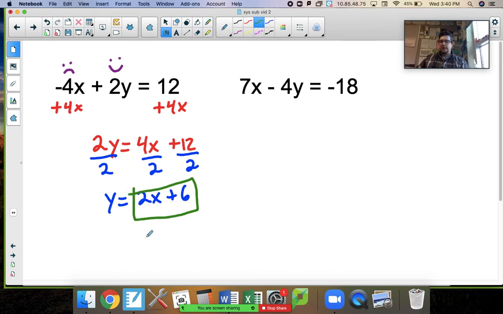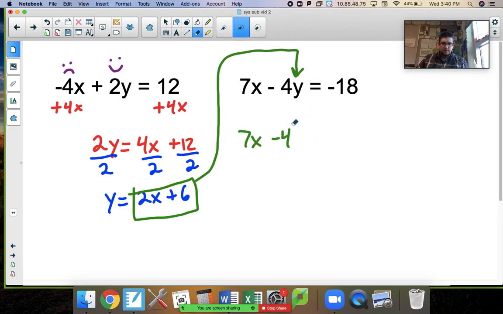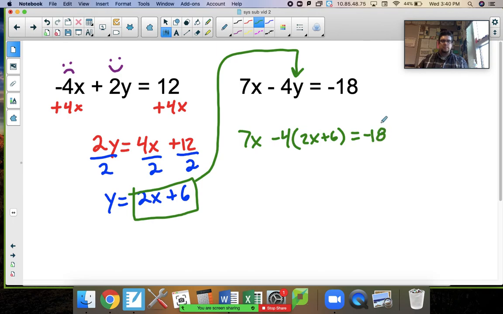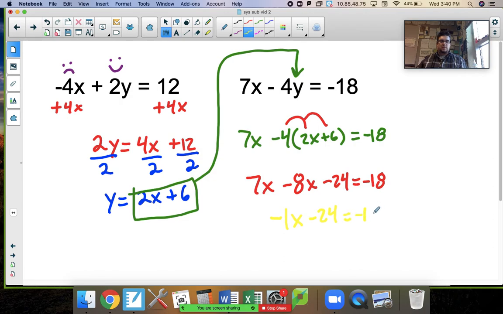All right, back to the problem at hand. y is equal to this. We plug it in, 7x minus 4, whoops, getting ahead of myself here. The y has come out. 2x plus 6 equals -18. 7x minus 8x, because we're going to distribute, minus 24 is equal to -18. -1x minus 24 equals -18.